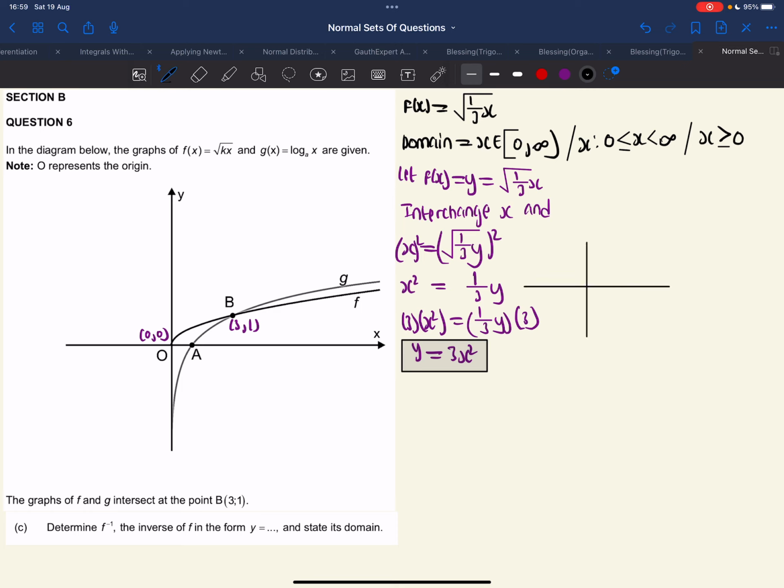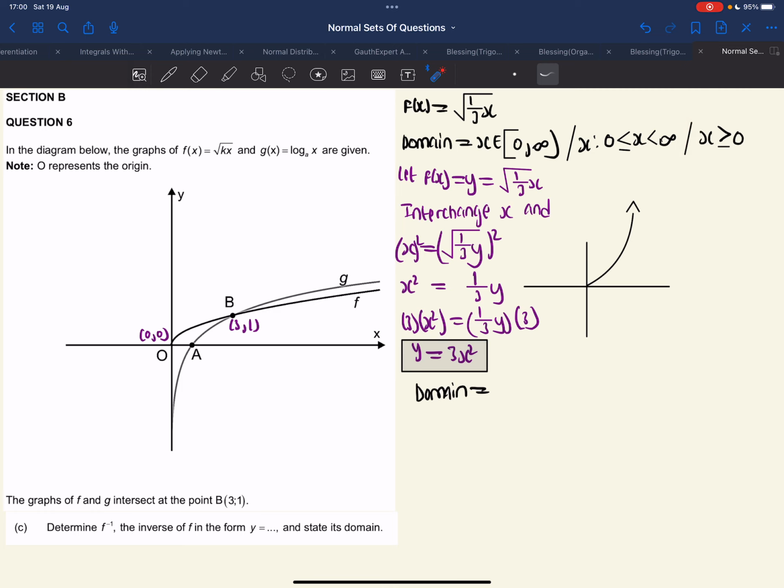Now remember, that function at first was restricted to values from 0 up until infinity. So we could only draw it from here, and then we can put an arrow there. So the domain of the parabola is going to be the same as that one that we did here.